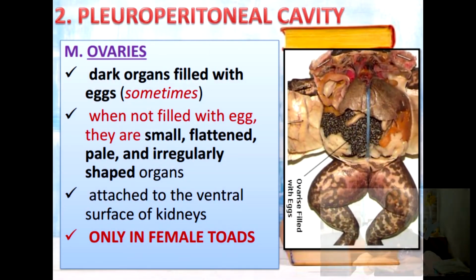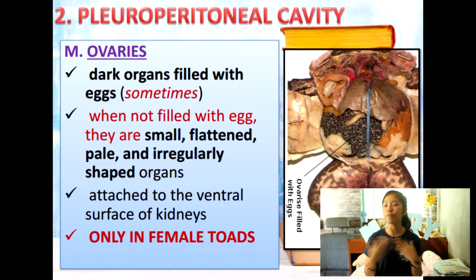So, now we have the gonads. The gonads are the ovary, the oviduct, and the testis. The ovary and oviduct are seen in females, and the testis is in males. Ovaries are only seen in female toads. It is a dark organ that is filled with eggs sometimes.